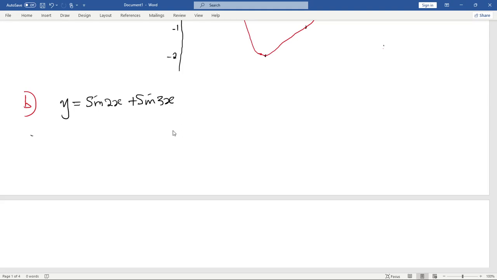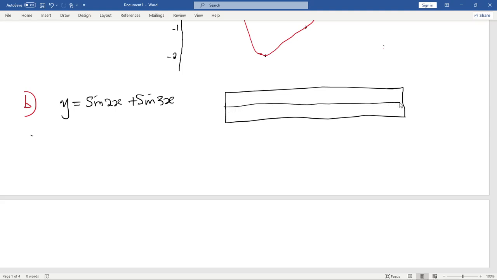Then here we do the same thing. So the values of x and values of y here.